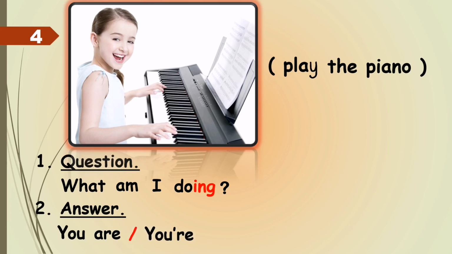And now the verb with ing, play plus ing becomes playing. And the object, the piano. And remember the full stop. You are or you're playing the piano. Question, what am I doing? Answer, you are or you're playing the piano.